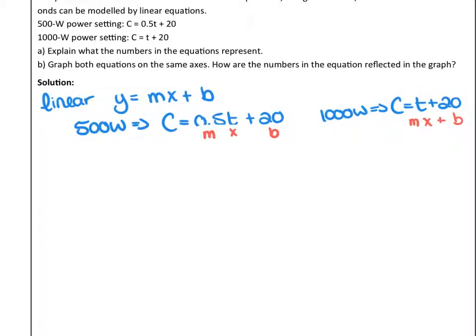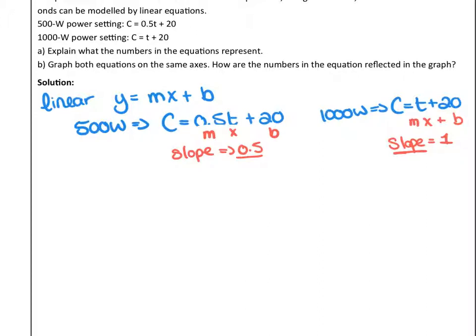So we know they're linear, but what does that really mean? So the m, in this one, our slope or rate of change is 0.5. And in this one, our slope or rate of change is equal to 1. So if you want to talk about what the slopes are doing, this one has a bigger slope because it's 1 and this one's only 0.5. So it's going to go up slower.